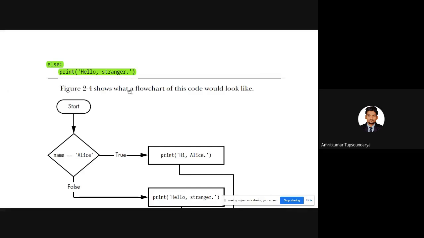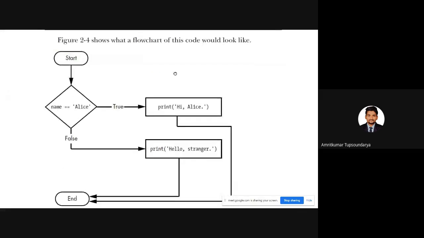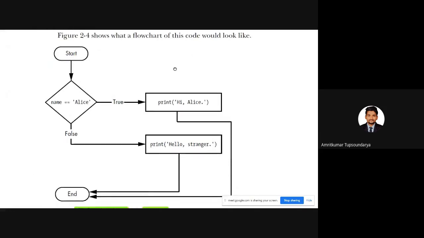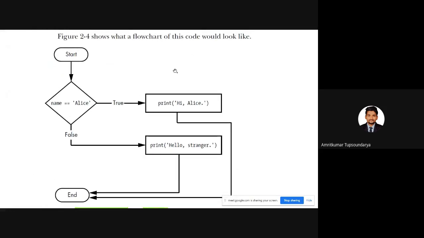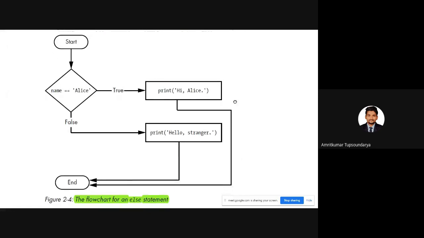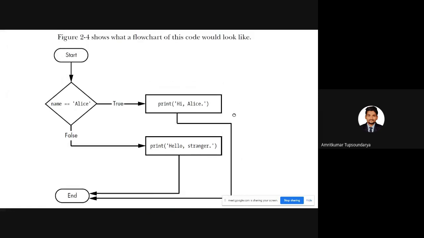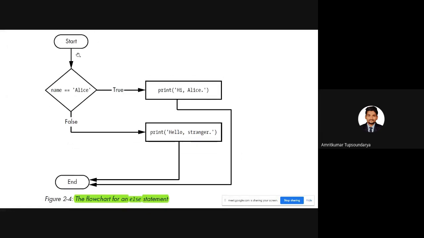So in order to understand from a flowchart point of view, we have a start, and we have a condition to be checked whether name is equal to alias. If it is false, it says hello stranger.